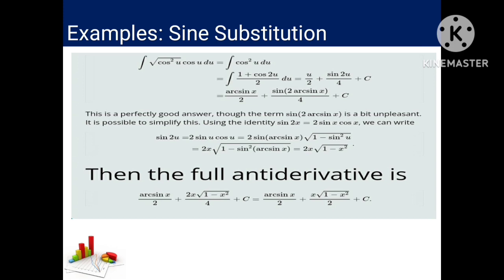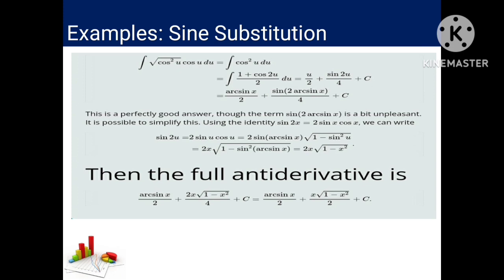So, this is a perfectly good answer, but the term sine of the quantity 2 arc sine x is a bit unpleasant. It is possible to simplify this using the identity sine 2x equals 2 sine x cosine x.